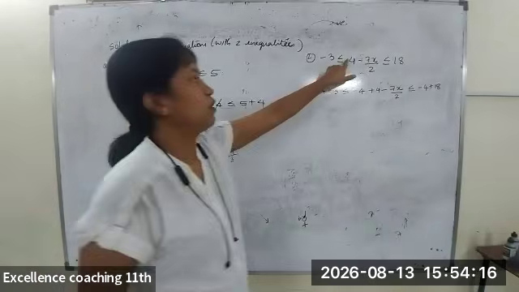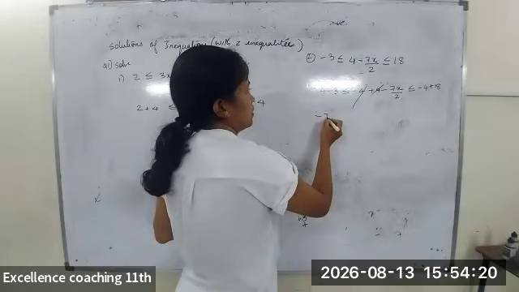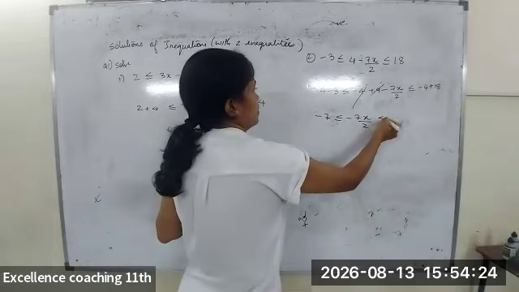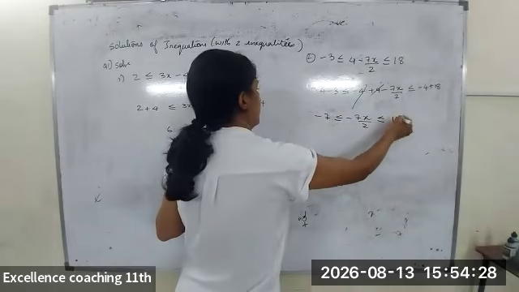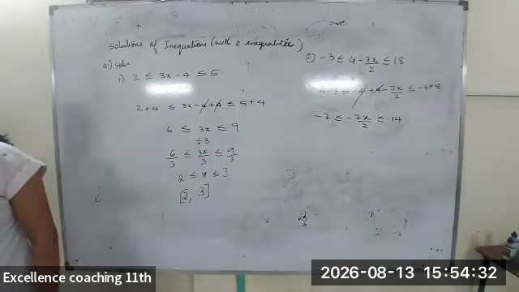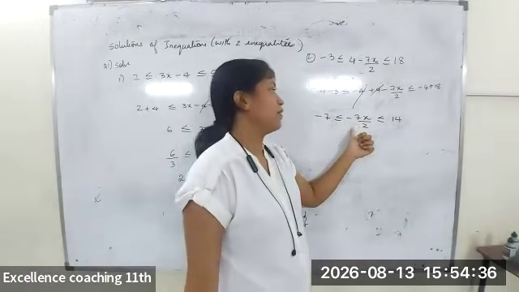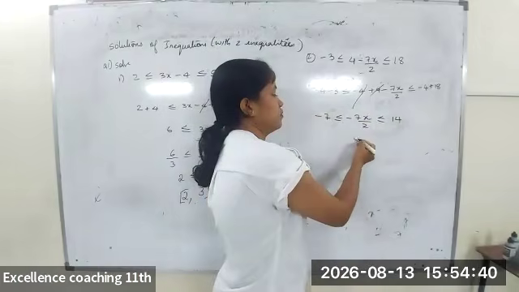This was plus, to eliminate plus, we added minus. Now we can eliminate this 2. First we can eliminate 7 by dividing by 7, or easier way, first multiply all the terms by 2.